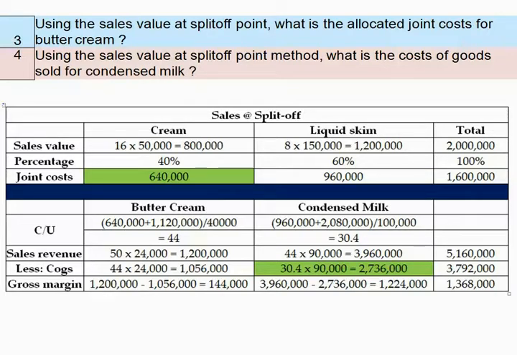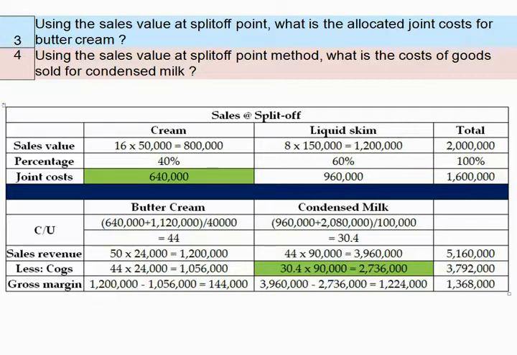Requirement number 3, using the sales value at split off point, what is the allocated joint costs for butter cream? Sales at split off for cream and liquid skim: sales value for cream 16 multiplied by 50,000 equals 800,000.